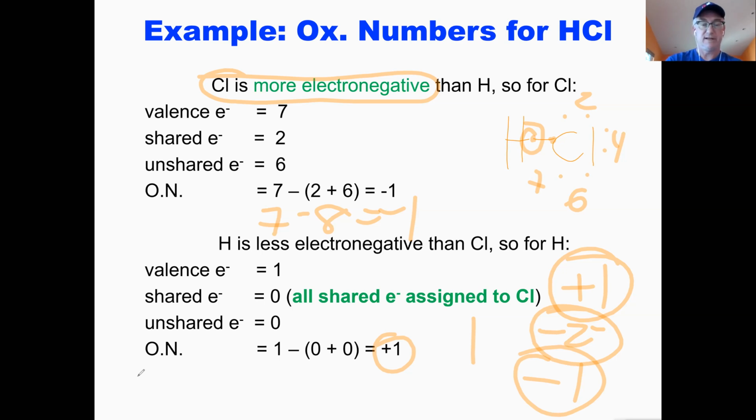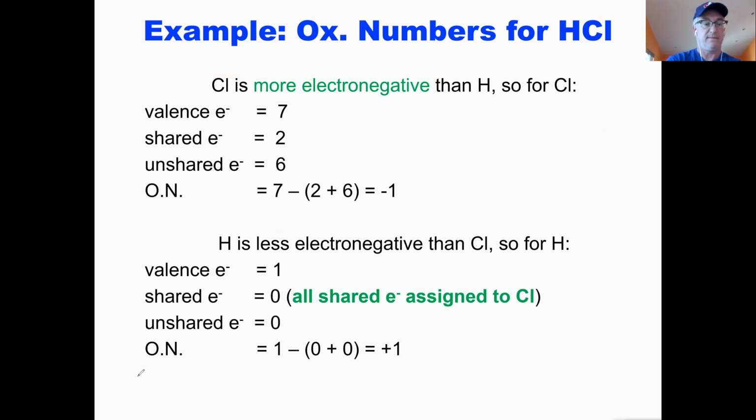For instance, if we look at methane, carbon is a little more electronegative than hydrogen. So carbon gets to keep all of the shared electrons, all of them.